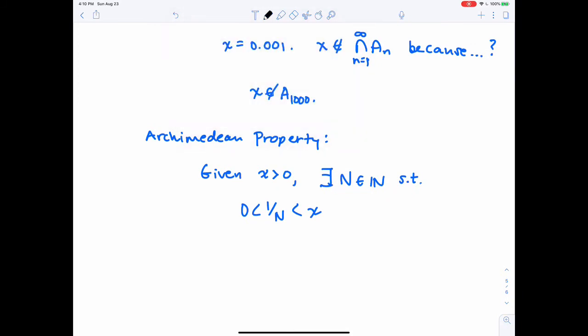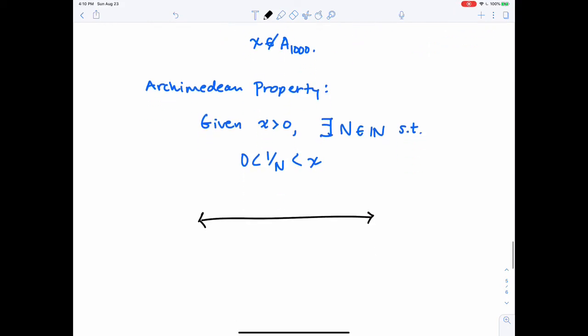This is the argument for why we get a contradiction, because we're going to return the index for which x doesn't belong to our set, and because it doesn't belong to that specific set, it certainly isn't in every set. So again, what we're doing here is picking an x bigger than 0. In particular, x is less than 1, since it also has to be in A sub 1.